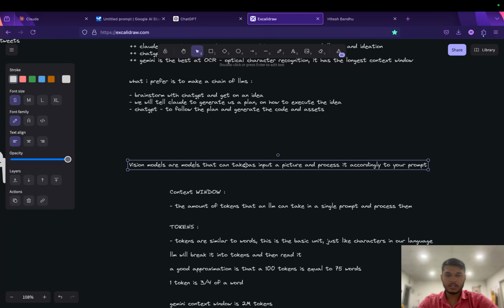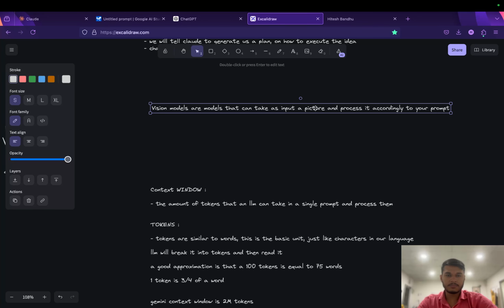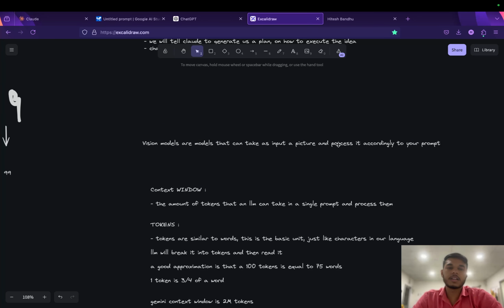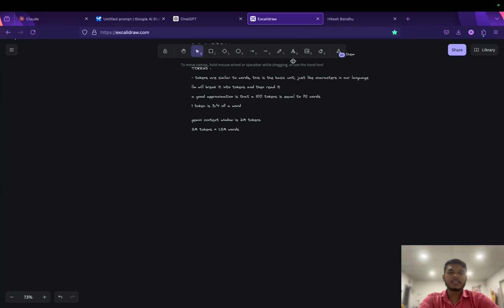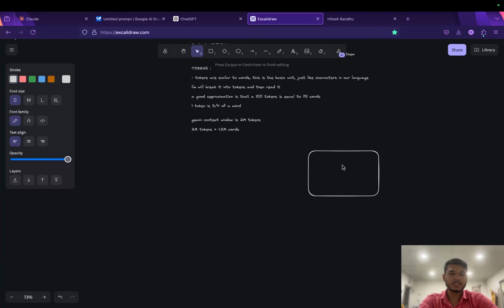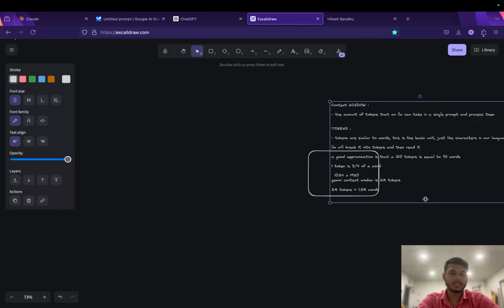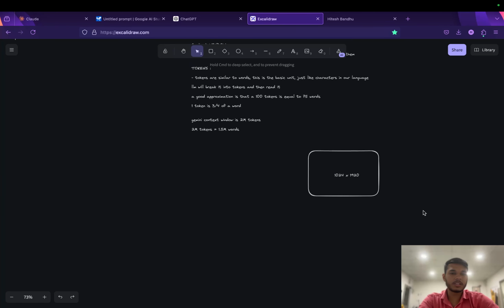Let me separate this knowledge a little bit. These are vision models, where I put in a picture. Gemini is a vision model. ChatGPT is also a vision model. I'm not saying it is bad, but Gemini is good. I'll say why. For example, you have an image with dimensions, let's say 1024 by 1920 or something. This is not to scale, just for reference. Most LLMs will process it.